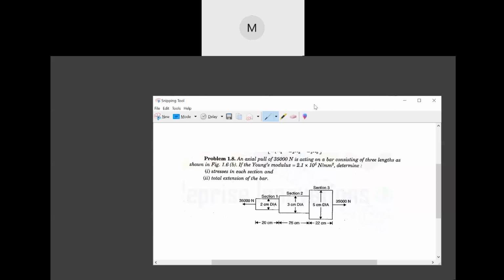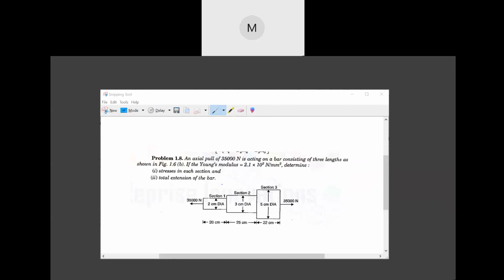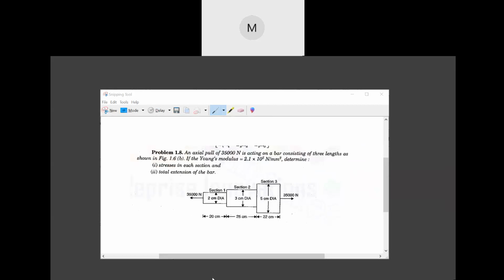Can you see this question? Yes, sir. So why don't you try to solve it now? You can take a screenshot of it also. Have you taken the screenshot of the question? This type of questions might come. This type of questions you have to solve like the pattern.